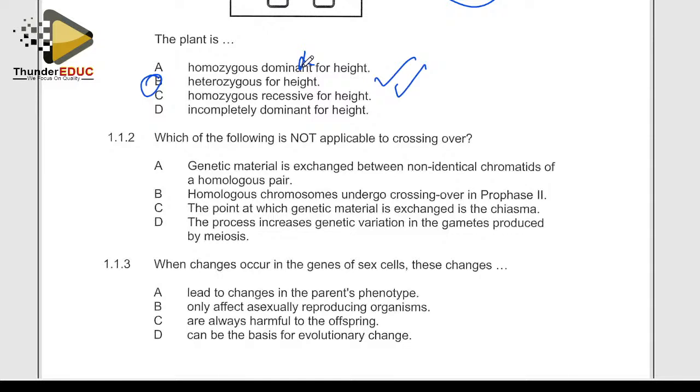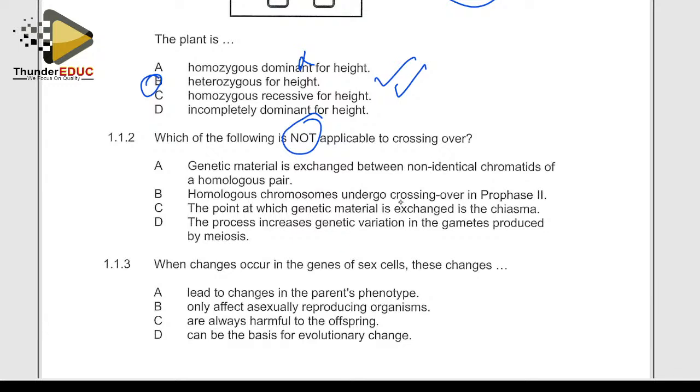Then you go to the next question: which one of the following is not applicable for crossing over? The key point is "not applicable". Genetic material is exchanged between non-identical chromatids of homologous chromosomes. Cool.